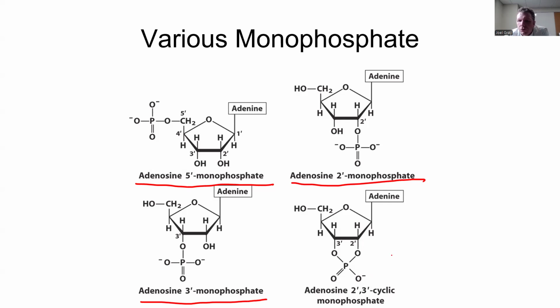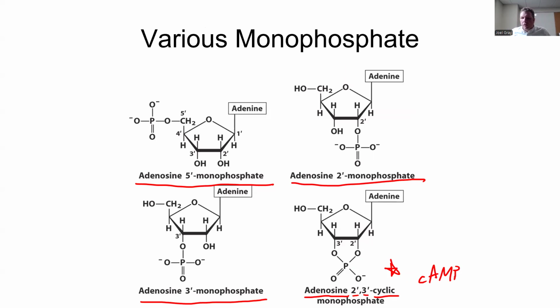But then another structure that you can see from time to time is this guy right here. Adenosine, that's our nitrogenous base, 2 prime, 3 prime, cyclic monophosphate. This is an example of a cyclic adenosine monophosphate, or cAMP. That's a secondary messenger, very common in hormone signaling.